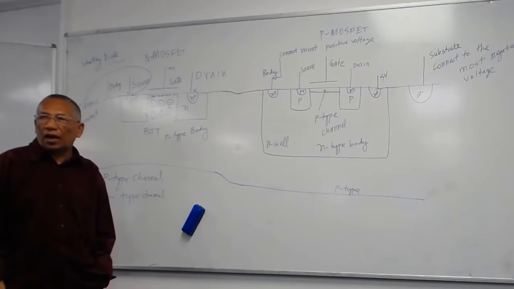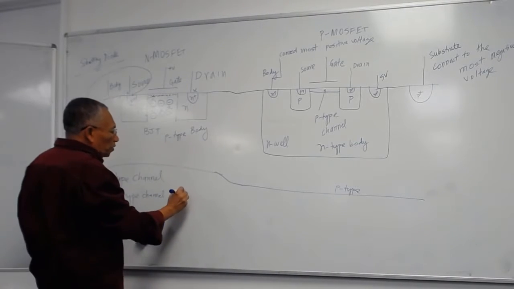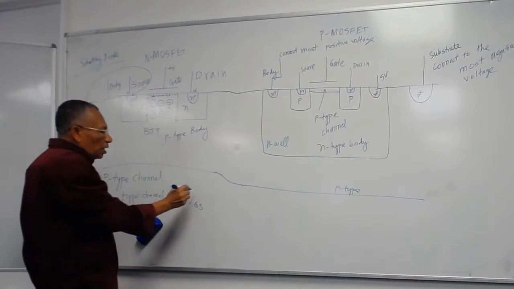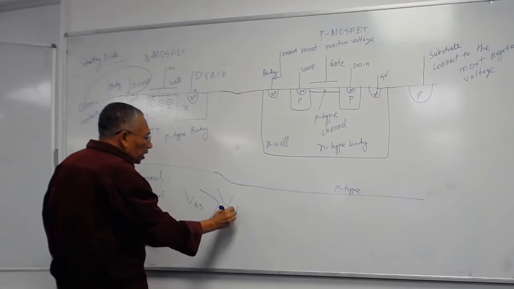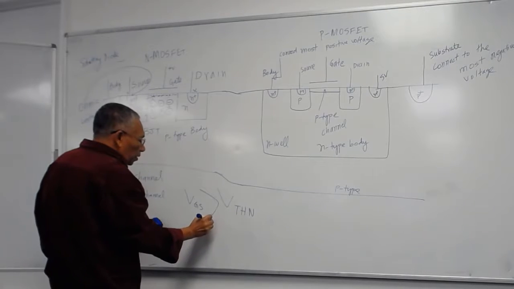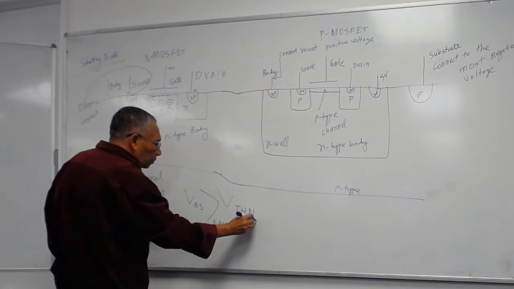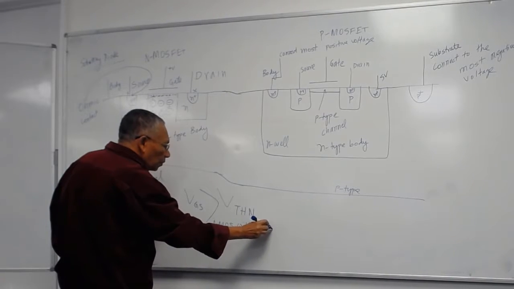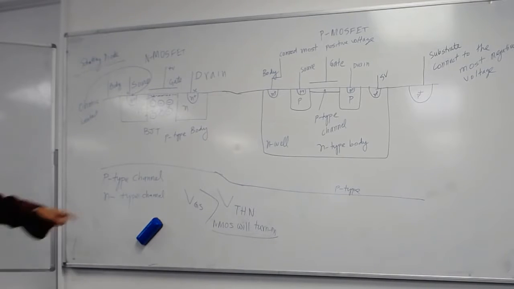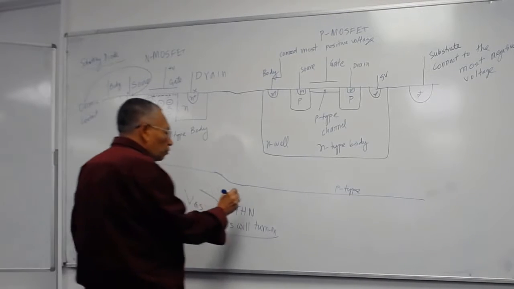And then you will have a channel. So if you apply a voltage between the gate and source, VGS, greater than VTH, this is NMOS, VTHN, then the NMOS will turn on. So you must apply a voltage greater than a threshold voltage, VTHN, which is called the threshold voltage.